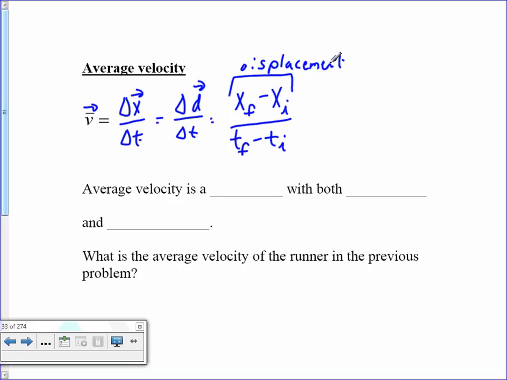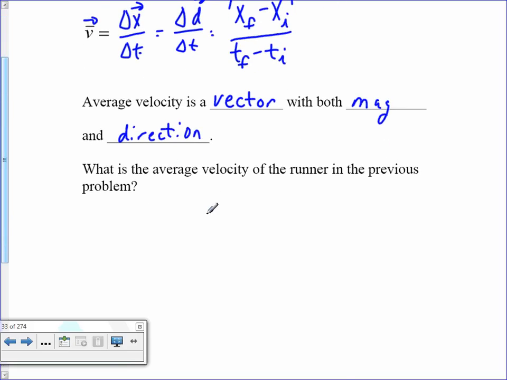So average velocity is a vector, and so, of course, it has both magnitude and direction.